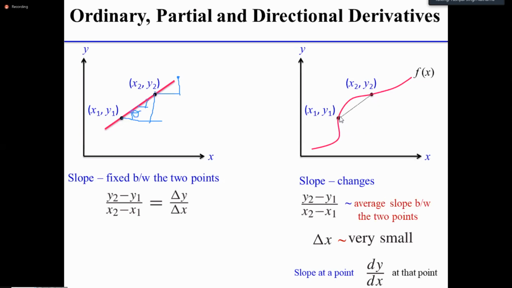It will kind of give you an average slope between these 2 points. Why? Because the function has a shape because of which the slope is actually varying at all the points.